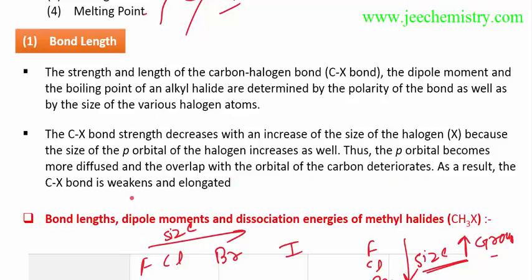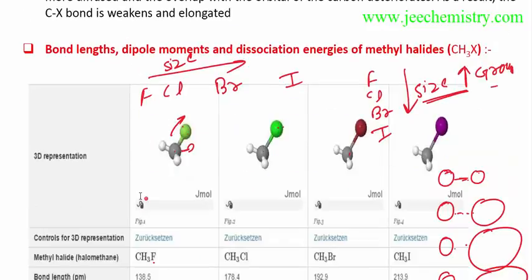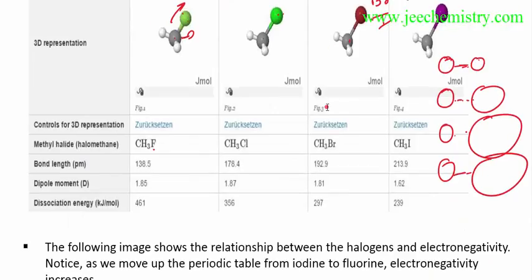As a result, CX bonds weaken and elongate. The bond is formed by overlapping of orbitals, so as the p orbitals increase in size, the distance increases.